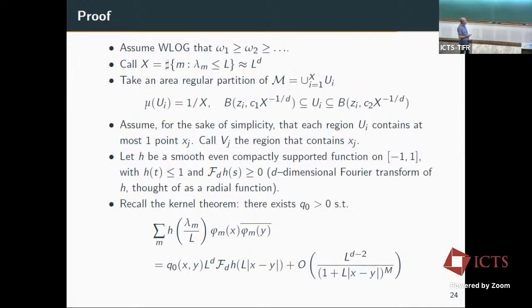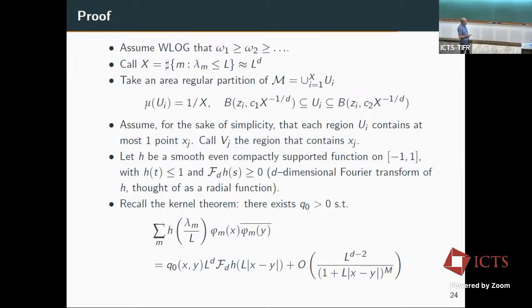First of all, assume without loss of generality that your weights are in decreasing order. So omega 1 is greater than or equal to omega 2, etc. And then let us call x the number of eigenfunctions with eigenvalues smaller than or equal to L. And as I said, this number is essentially L to the power D.